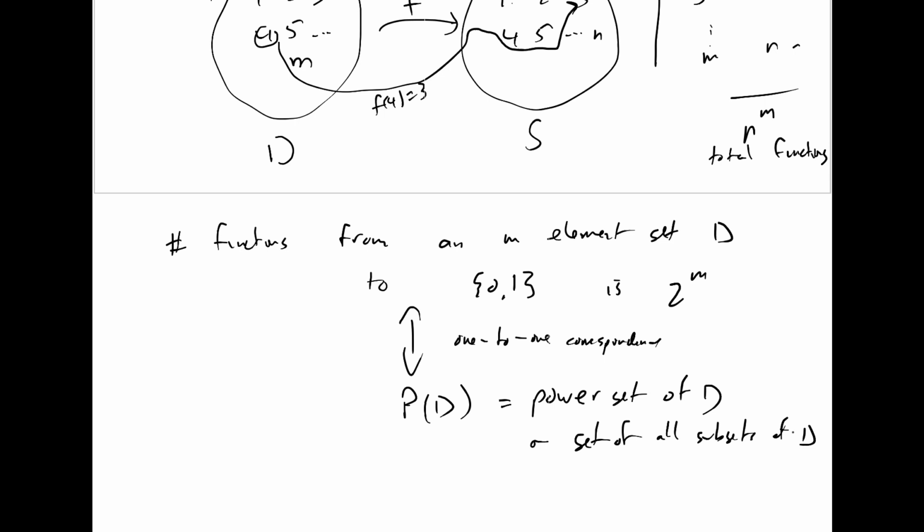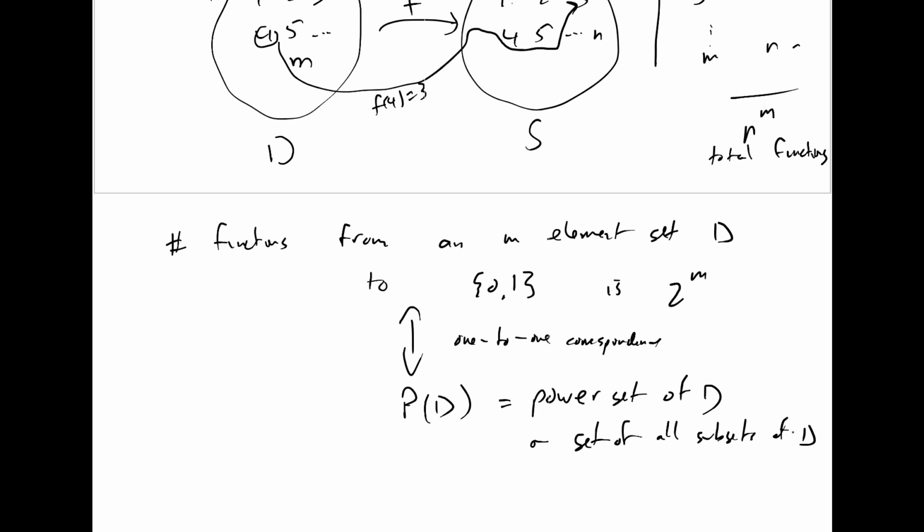Well, if you have a function that maps D to the set {0, 1}, look at all the elements that are mapped to 1. Say those will be the ones that are in the subset that you're interested in. All the ones that map to 0 are the ones that are not in the subset. So if you give me a function from D to {0, 1}, that will be associated with that particular subset that contains all those elements that map to 1. If you start with a subset of D, you can create a function that assigns each of those to 1 and all the others to 0.